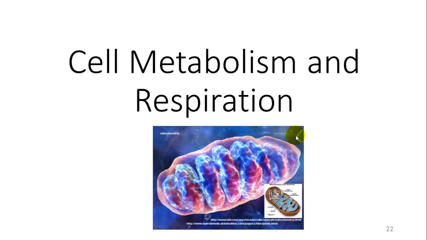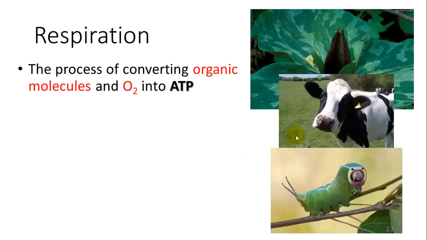Okay, so now that we've done the background of energy and enzymes, now we're going to talk about what specifically in the mitochondria is occurring to form energy. And this occurs through the process of respiration. Respiration is converting organic molecules, breaking them down, and using oxygen to make ATP, usable energy.